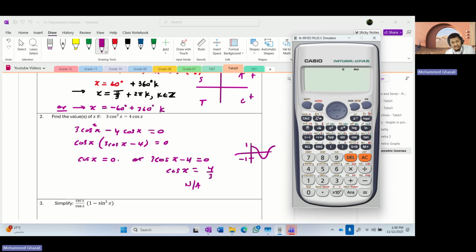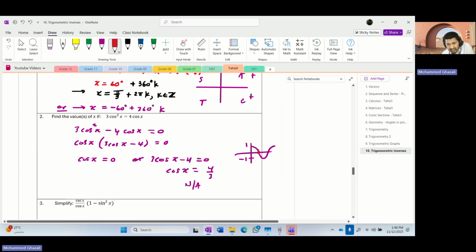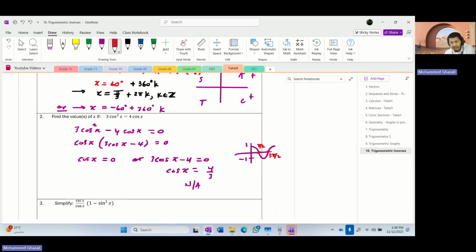But cos of x equals 0. Cos of what is 0? So we can see cos of pi by 2 and 3 pi by 2 is always 0. So pi by 2 plus every pi k. So we can just get a general solution, say x is equal to pi by 2 plus every pi k. I figured this out from the graph, okay? And k is an element of integers.